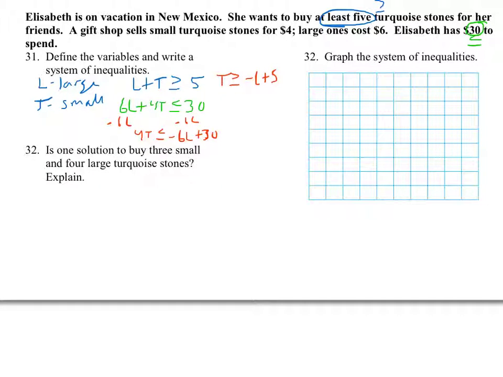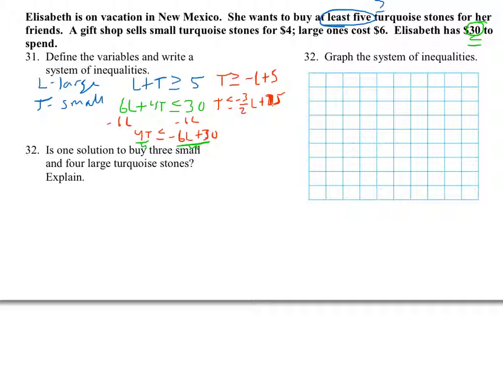I'm going to divide that by 4. So that one looks a little bit messier. We're going to have t less than or equal to negative 6 over 4, which is negative 3 halves L, plus 30 divided by 4, which is 7.5.